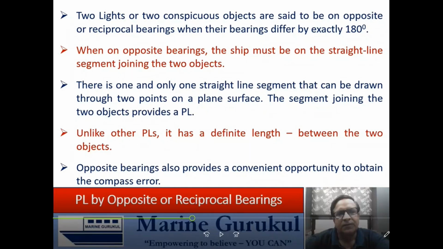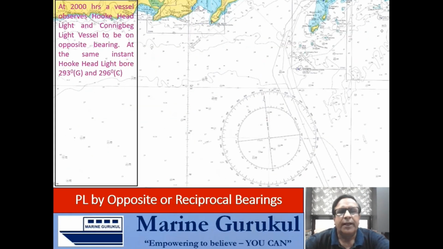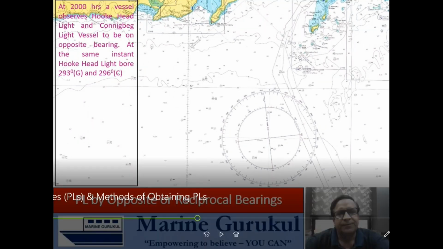Okay, now let us see this concept on the chart. Let us have a question for the opposite bearings and we'll plot it on the chart. Let us understand this PL and its use for getting the compass error through a small example. At 2000 hours, vessel observes Hook Head Light and Coningbeg Light Vessel to be on opposite bearings.